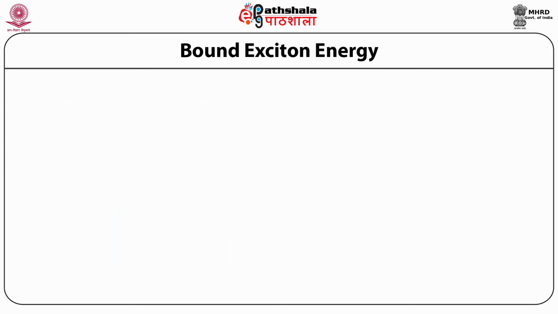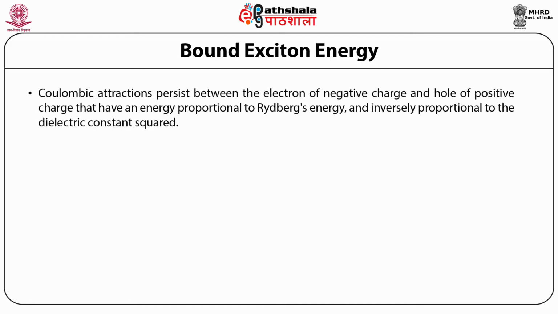Now the next term is bound exciton energy. Coulombic attractions occur between the electrons having negative charge and holes having positive charge. The energy of these attractions is directly proportional to the Rydberg energy and varies inversely with the square of the dielectric constant.